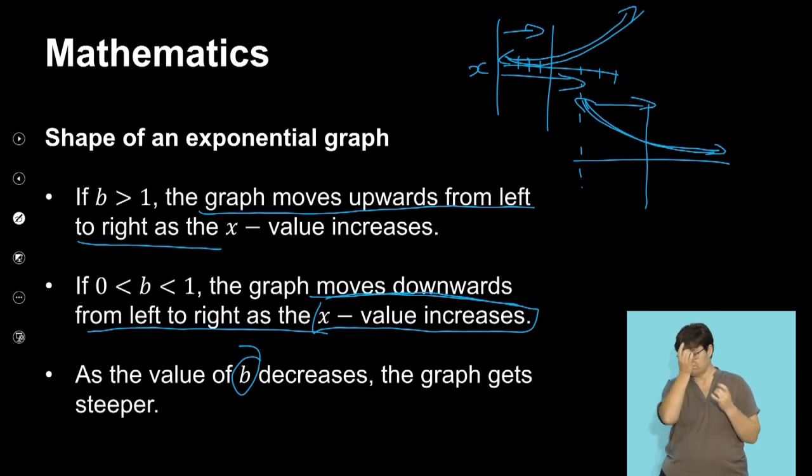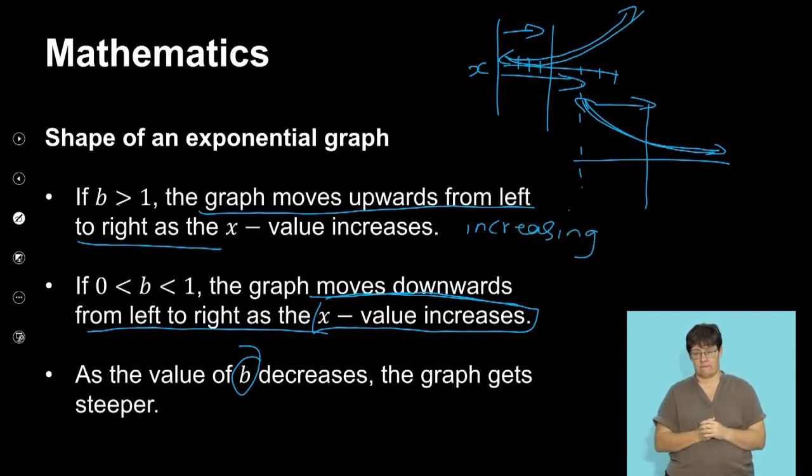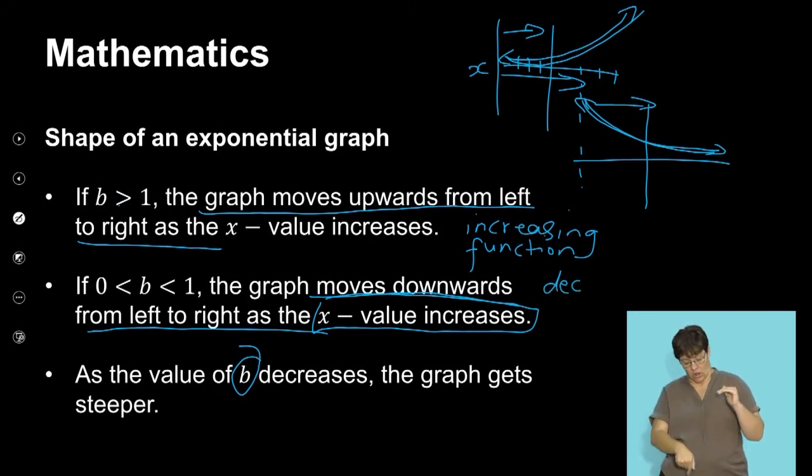Now, we normally call this first one, when b is greater than 1, the increasing function. You need to know this, because at times the question might be, is this increasing or decreasing? But with this one, this is a decreasing function.